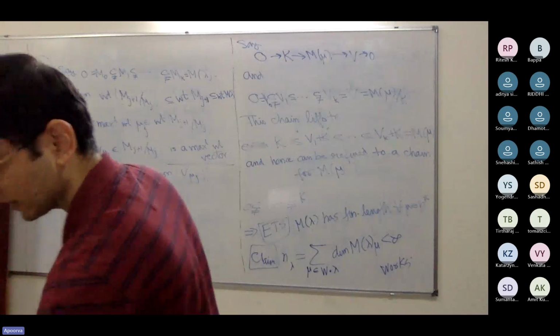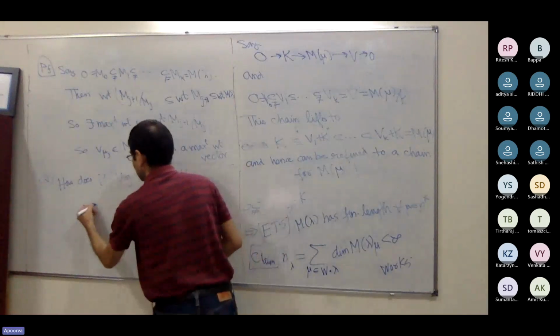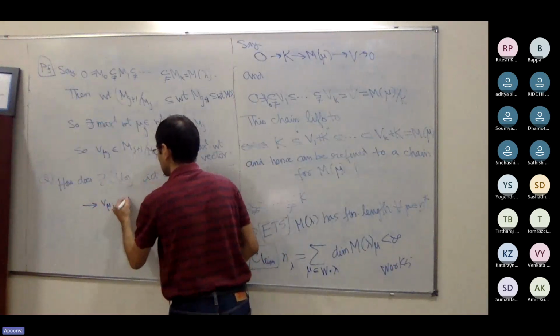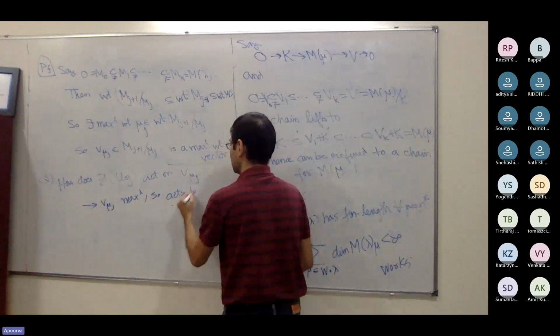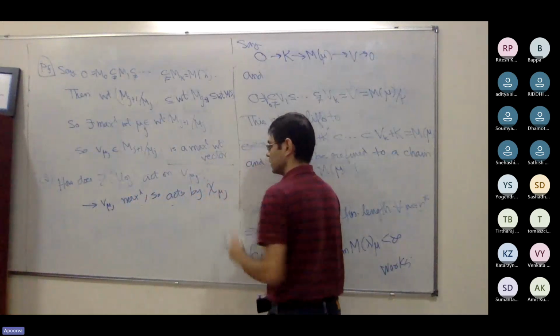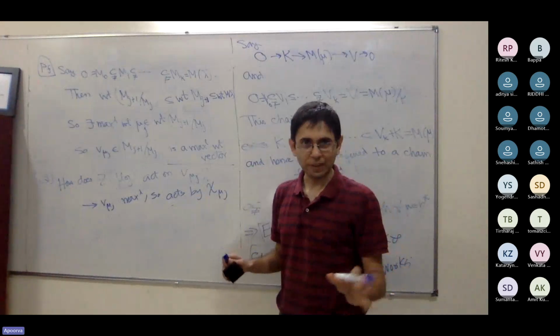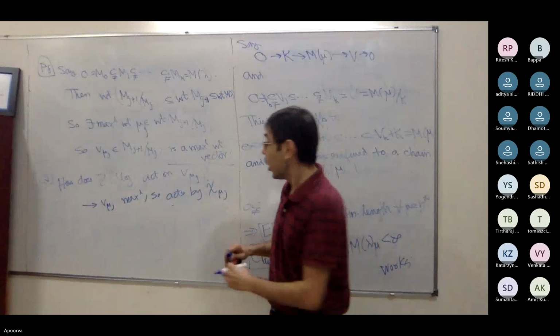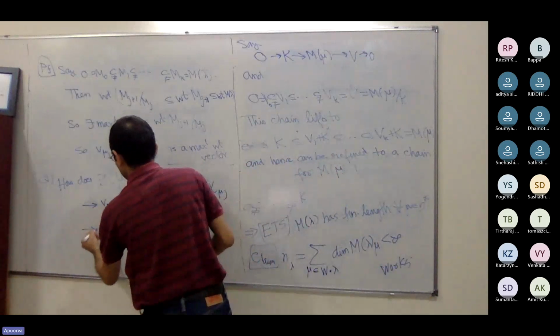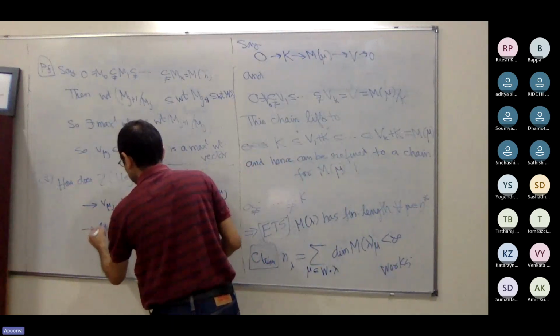Because it's a maximal weight vector, v_{mu_j} is maximal, so it acts by chi_{mu_j}. On any maximal vector or any highest weight module with that highest weight, it acts by that central character.